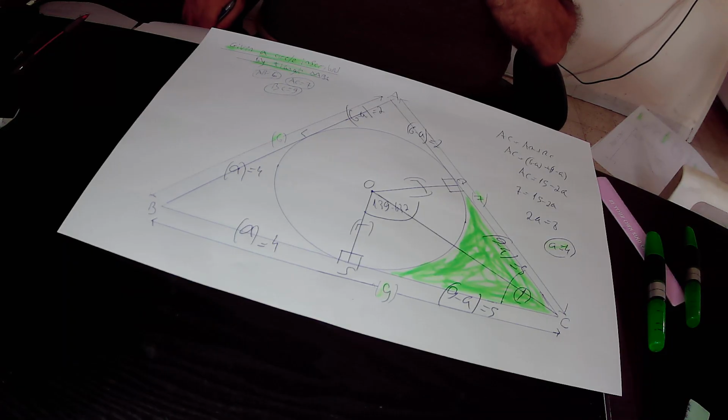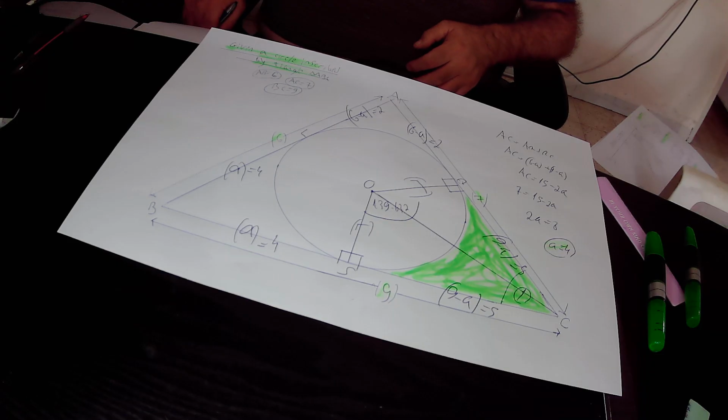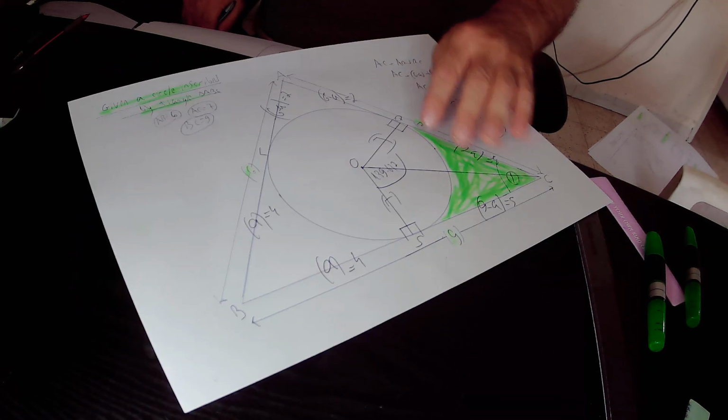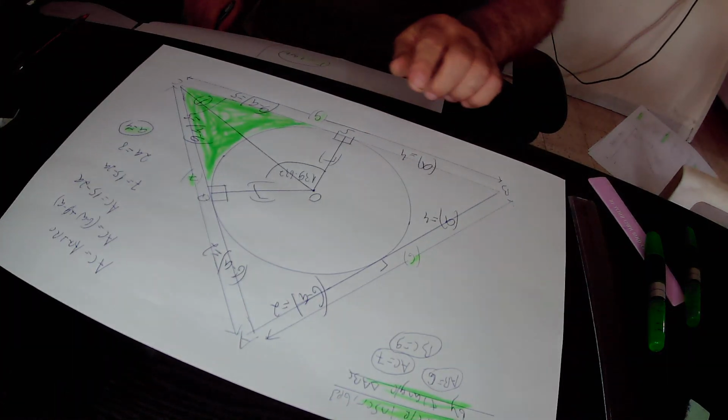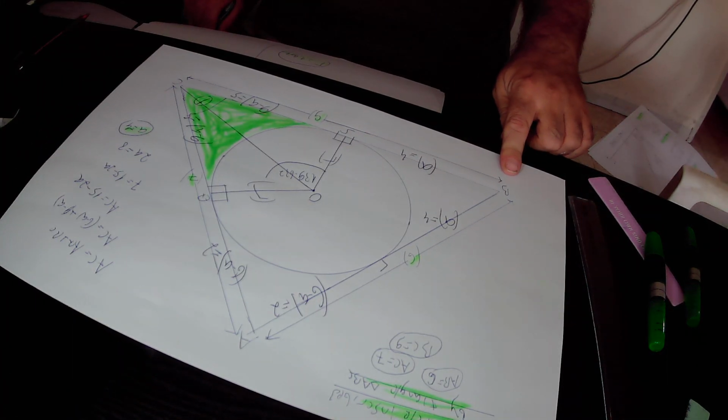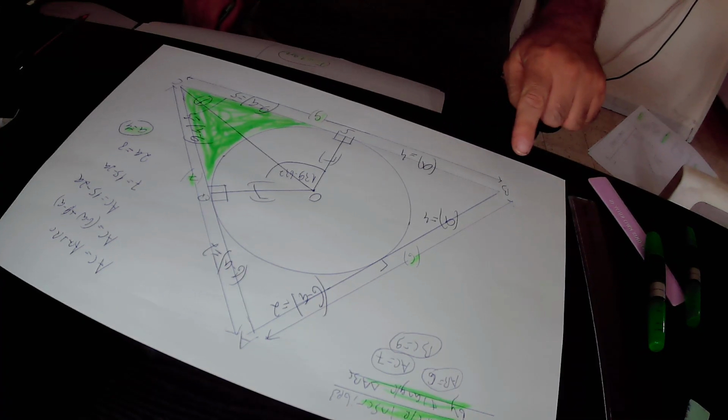In the next step, we implement rule 2 in our drawing. According to rule 2, the lengths of two tangents from a common start point to a circle are equal. So, if we focus on this common start point, point B, we have two tangents, tangent BS and tangent BL.